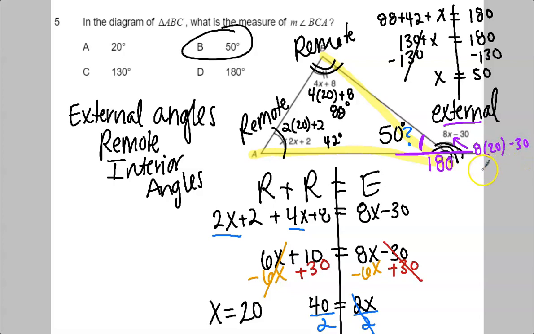So 8 times 20, well, 8 times 2 would be 16, and then add a 0, and then minus 30. And so you would have gotten 130, which would be this exterior angle. And again, if these two angles are supposed to add to 180, then this other angle had to be 50, because 50 plus 130 would equal 180.